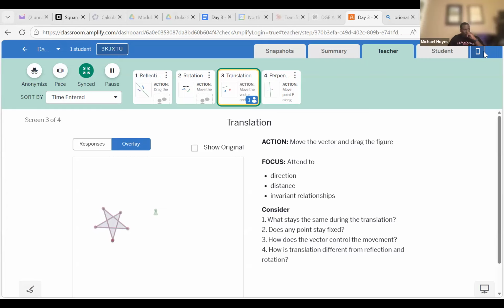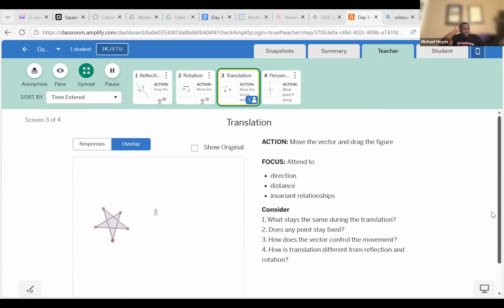Every point is plugged into this vector function, or it's applied this vector motion, and then it's given a new position. So the vector tells you exactly the direction, and then how far you're going to go in that particular direction.